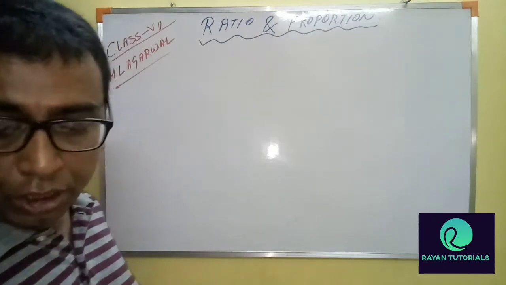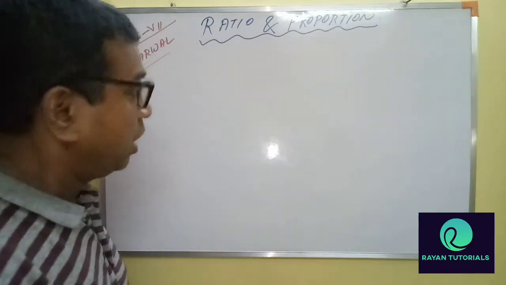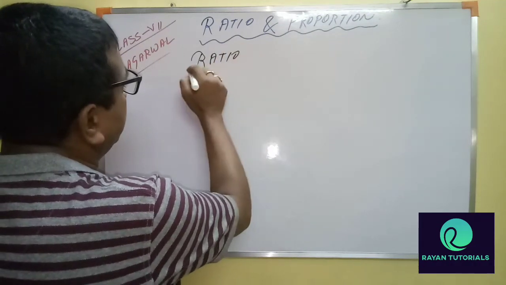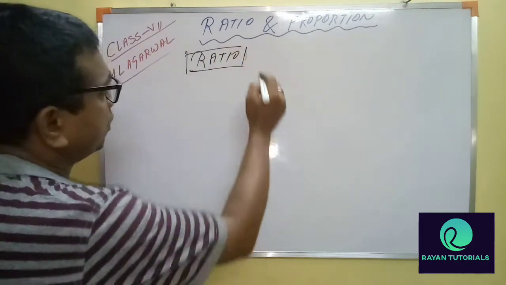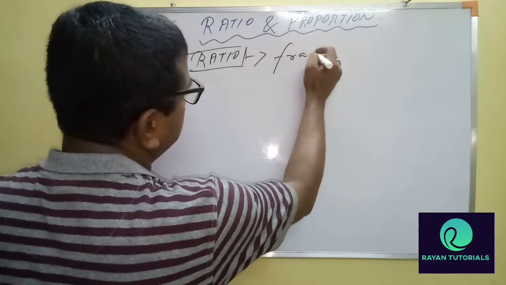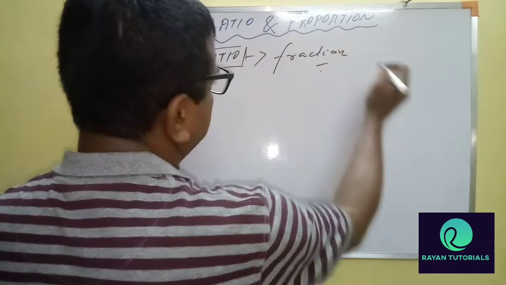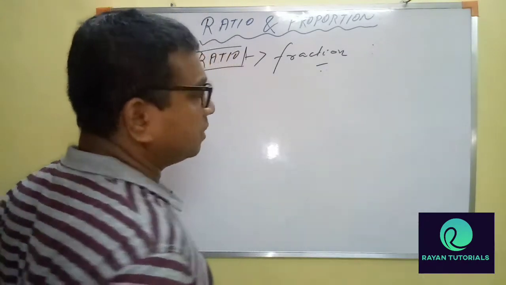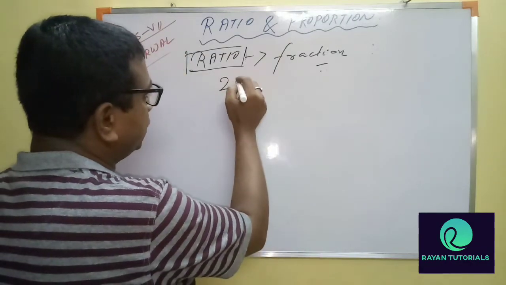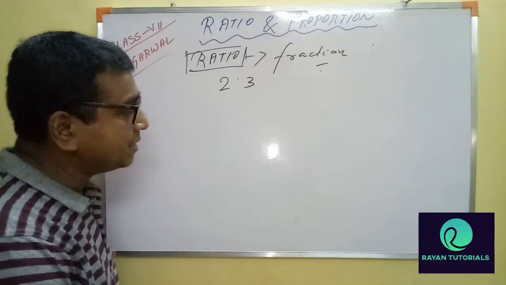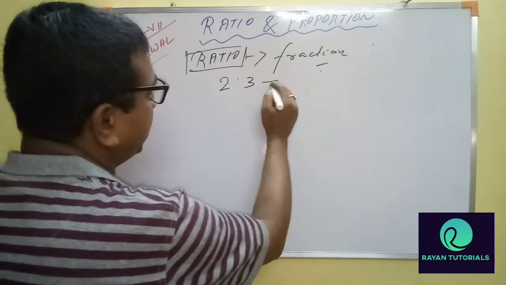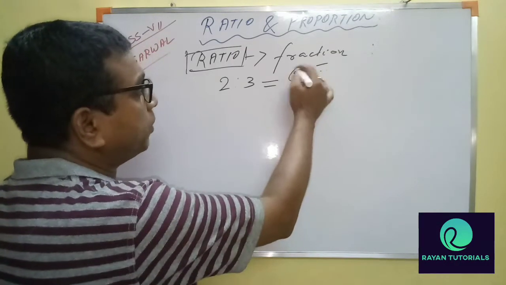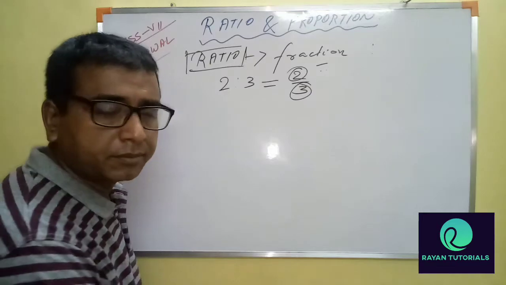So ratio and proportion. What is ratio? See, ratio means a fraction, and it is denoted by a colon, this sign. Suppose I say 2:3. It means 2/3, that is, 2 birds out of 3 birds.